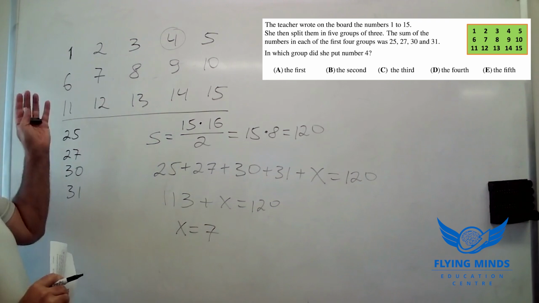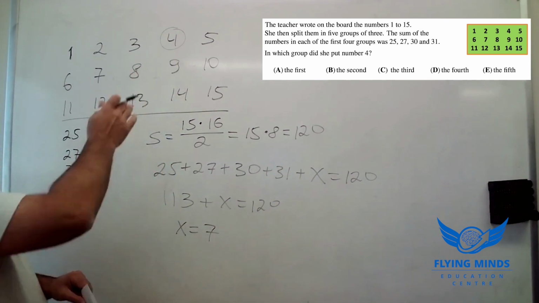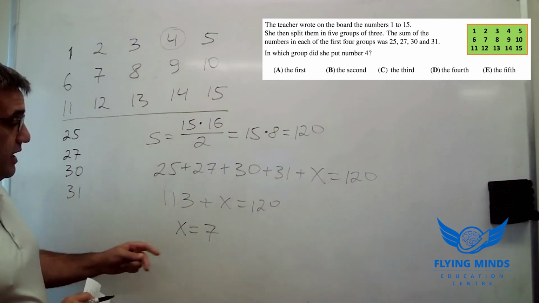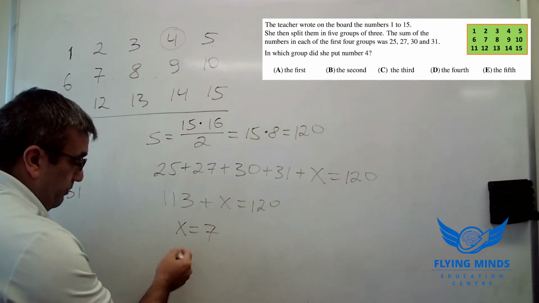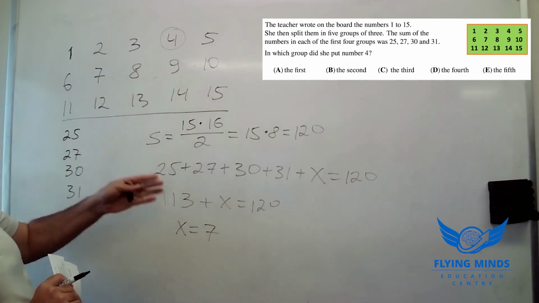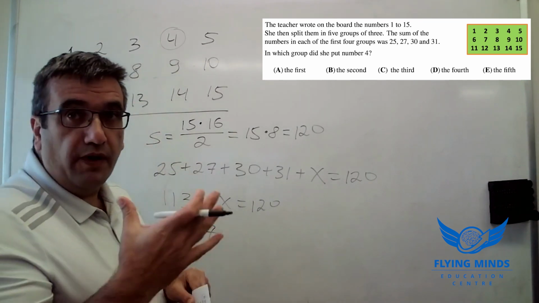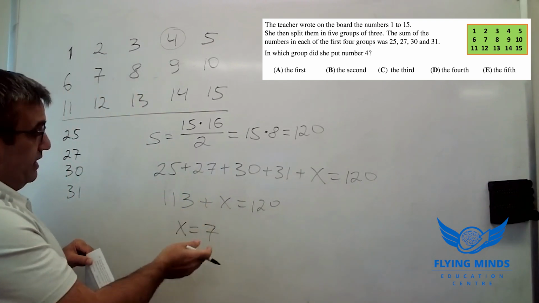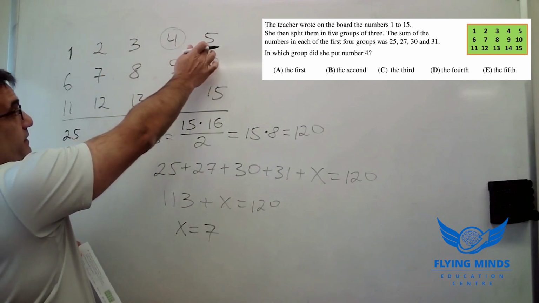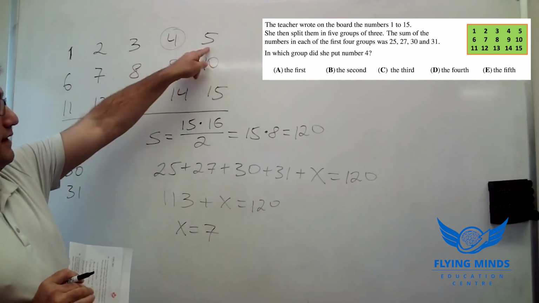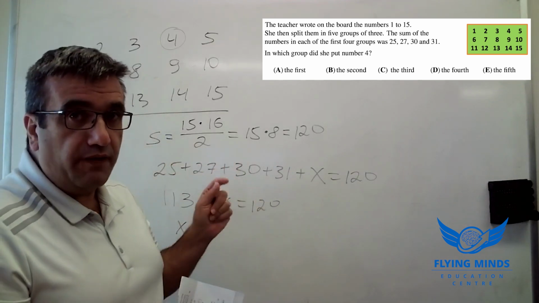Okay, so if X equals 7, in how many ways can we build 7 using these numbers? First of all, to add up to 7, all numbers must be less than 7. And we have a group of 3 numbers, so our numbers must be less than 5, because if we use 5, then to get 7 we must use two numbers, and we have only one option, 5 plus 2.